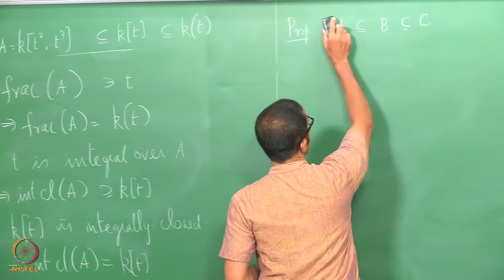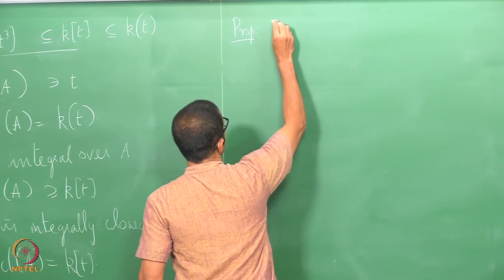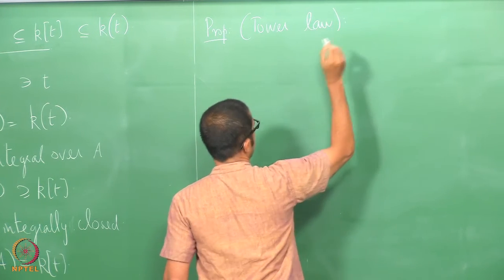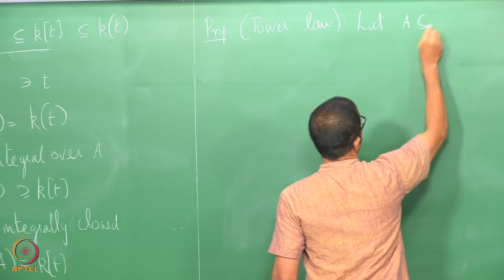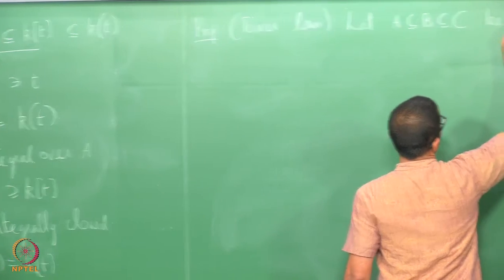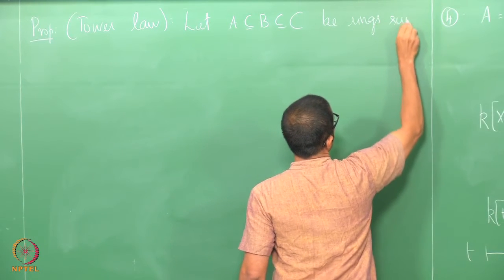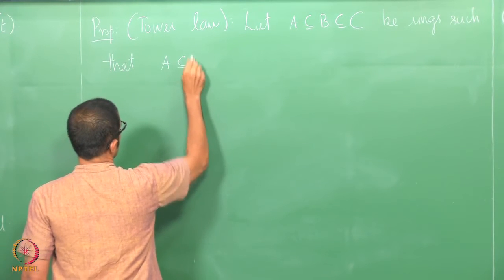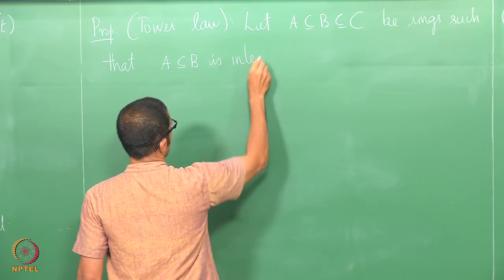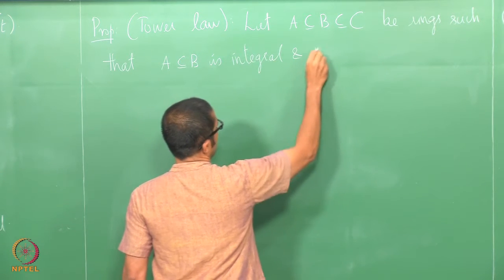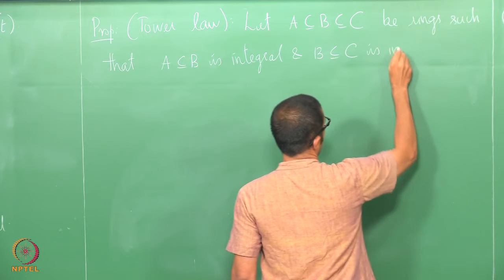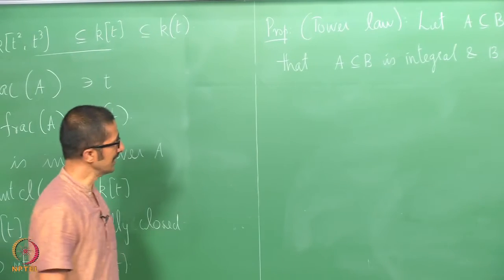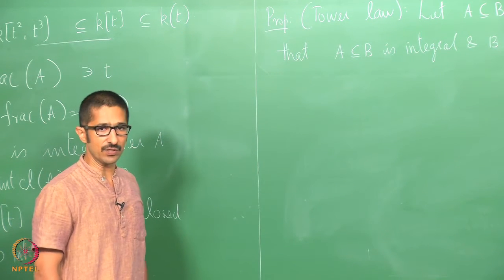So, this is called Tower law. Let A contained in B contained in C be rings such that B is integral over A, and C is integral over B. Can we say that C is integral over A?